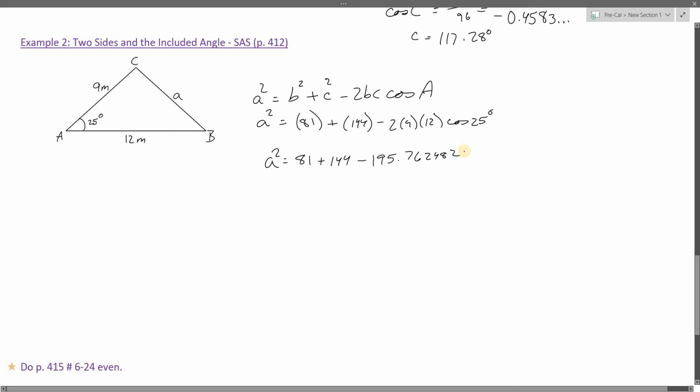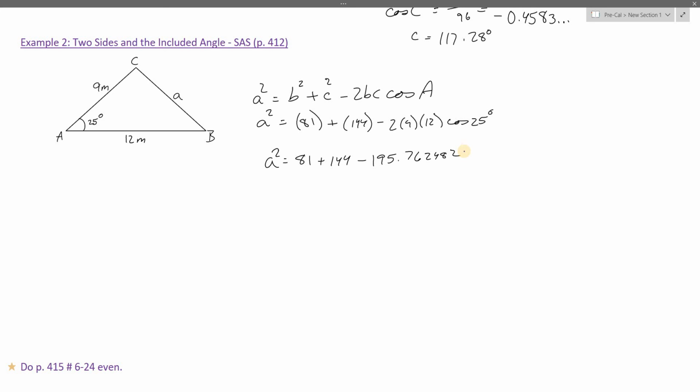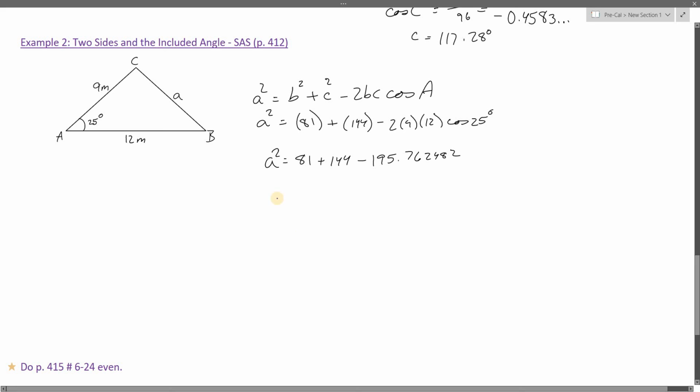So I have 81 plus 144 minus 195.76482, and that gives me A squared equal to 29.2375. Okay, but I want A, so I'm going to obviously take the square root of both sides. We get a plus minus, reject the minus because it's the side of a triangle, take the square root of it, and you should get 5.4. And we'll call it 5.41.